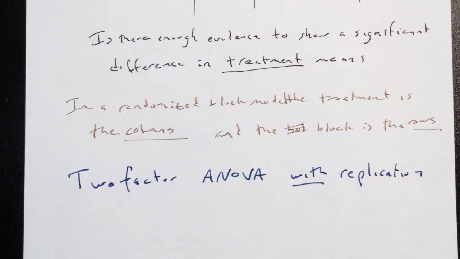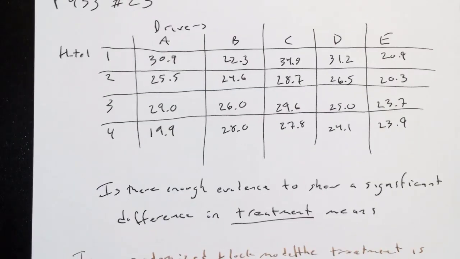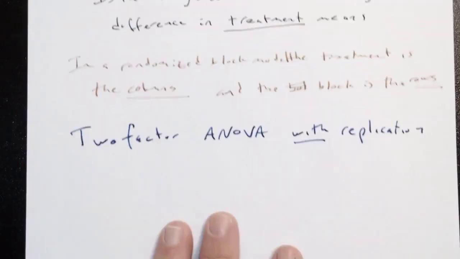Now, it depends on the way I gather the data. Let's say I go to these Uber drivers and ask them to give me 2 trips each. So instead of just having one number in each of those boxes, I want 2 numbers in each of those boxes. Then I have what's called balanced data.